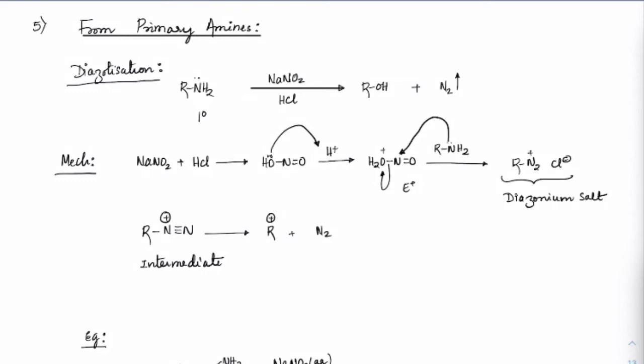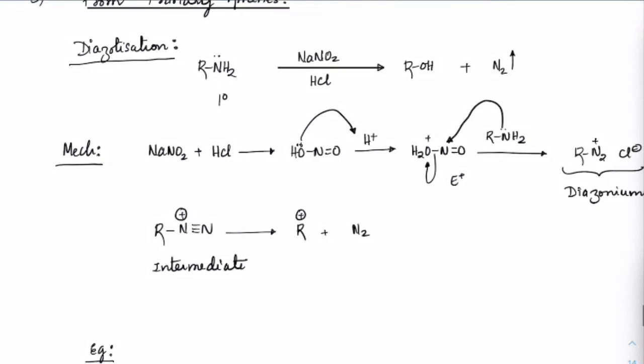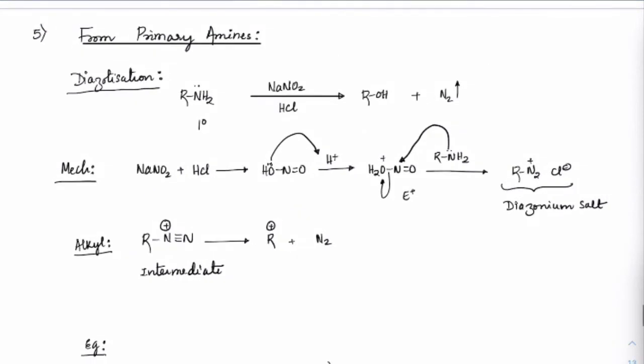Now this diazonium salt is the intermediate which has formed, and I told you about this. If it is an alkyl group, this diazonium is highly unstable. Even at the lowest of temperatures, it is highly unstable. The reason is the strong N2 bond. N2 is very stable, with a bond energy of 930 kilojoules per mole.